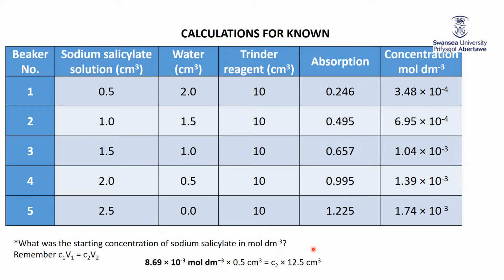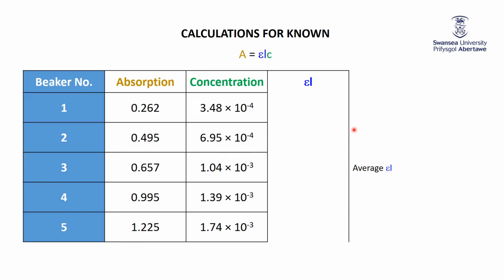And again, all I'm doing here is the same C1V1 equals C2V2 calculation. This one being the V1, C1 being the 8.69 times 10 to the minus 3, V2 is always 12.5, and C2 is listed here.